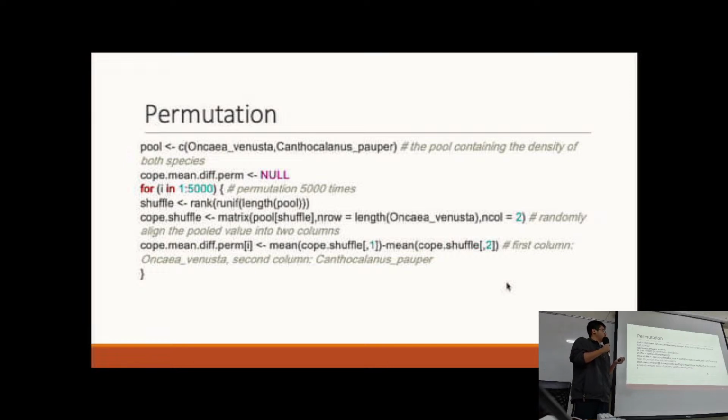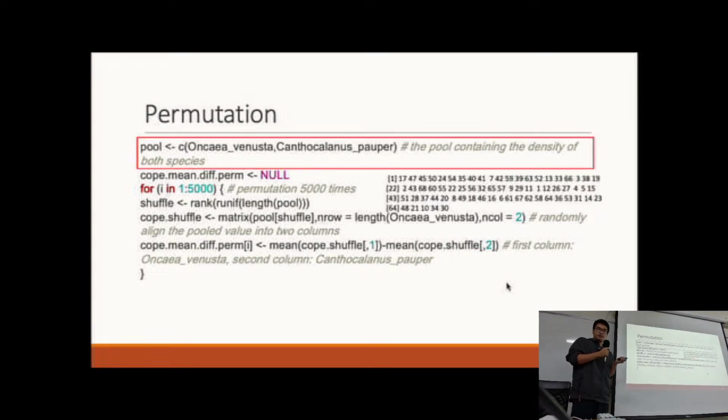In this question 2, we are required to put the densities of the two copepods into a same pool. I also use a for loop to generate a permutation 5,000 times. I use the runif function and length to get the random order of the numbers.